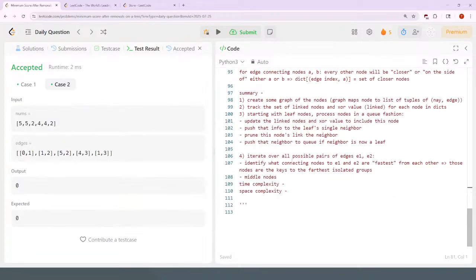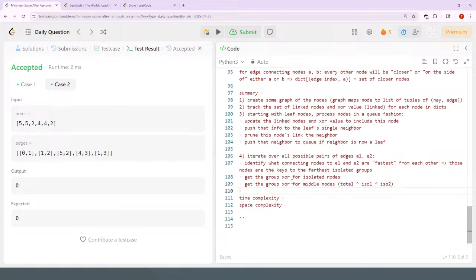Okay. Get the group XOR for isolated nodes. And then get the group XOR for middle nodes. So middle nodes, this is going to be total XOR with ISO 1 XORed with ISO 2.